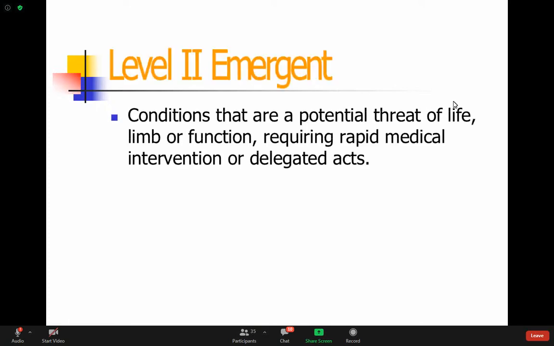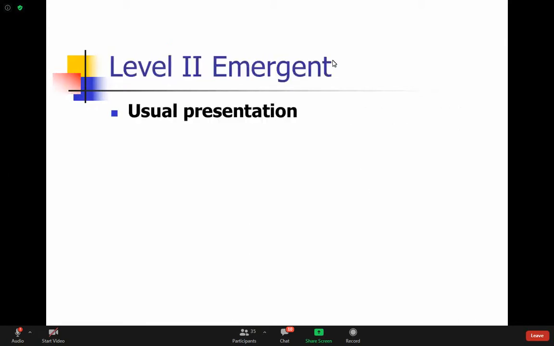Level 2: conditions that are potential threats to life or limb or function that require rapid medical intervention or delegated acts. So what are the possible level 2 emergent presentations? We've been through them briefly. So what are the possibilities? Again, presentations, not a diagnosis.